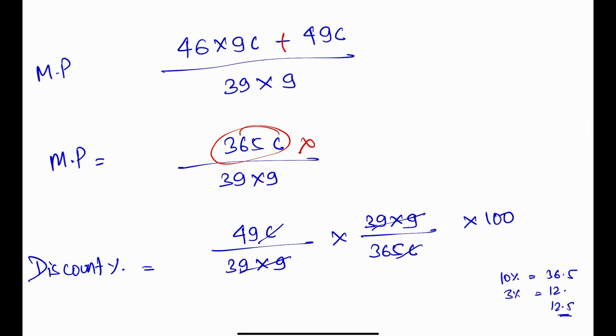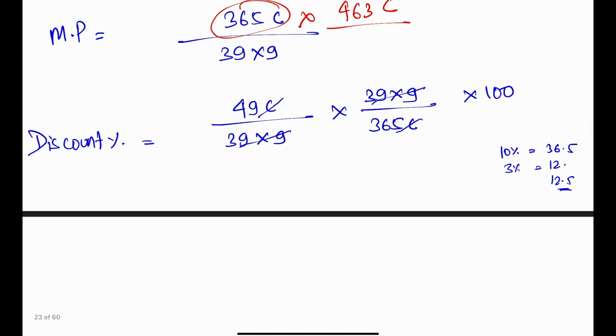Even though the summation is correct, instead of 365 it would be 463C. So 463. So my 10% will be 46.3.